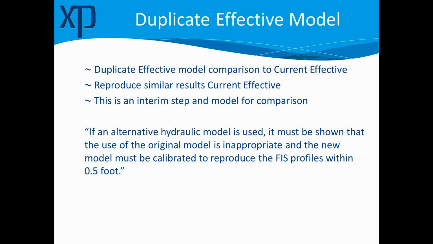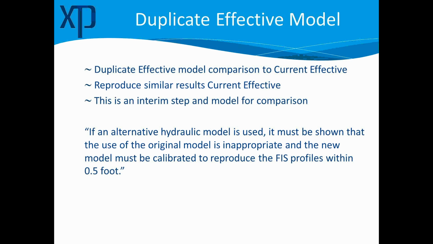But the goal here is to mimic, to reproduce, and this is a quote out of the form instructions, to mimic or reproduce the FIS profiles. And that's just a starting point. That is just to get a mimicked version into XP-SWMM. And that could be just a plain 1D model, for example.